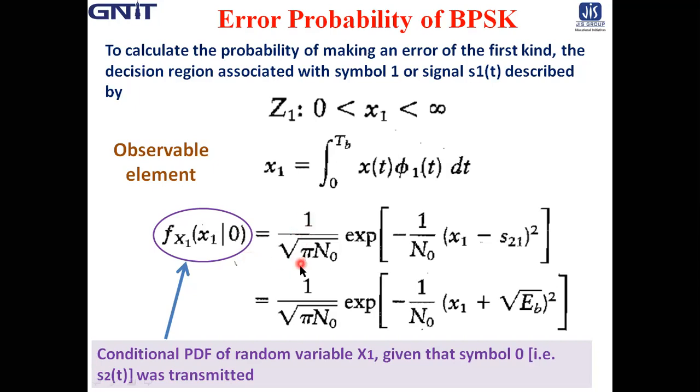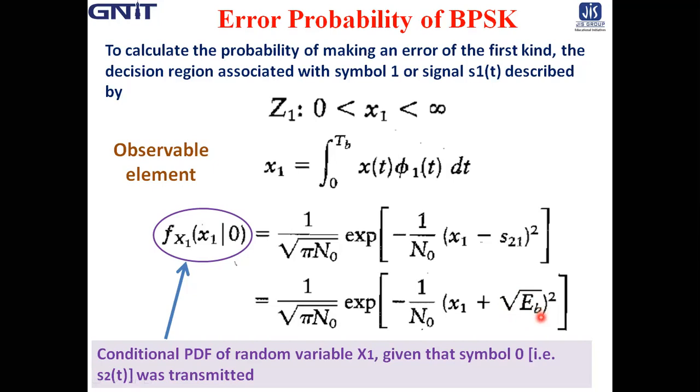So it becomes 1 by square root of pi N0 exponential minus 1 by N0 (x1 minus s21) whole square, that is equal to 1 by root over pi N0 exponential minus 1 by N0 (x1 plus square root of Eb) whole square.